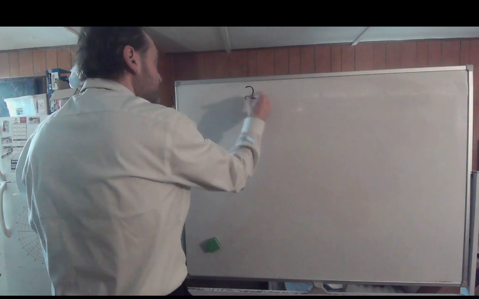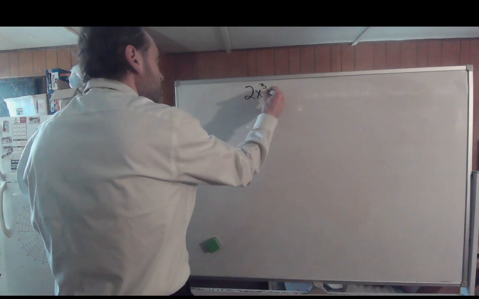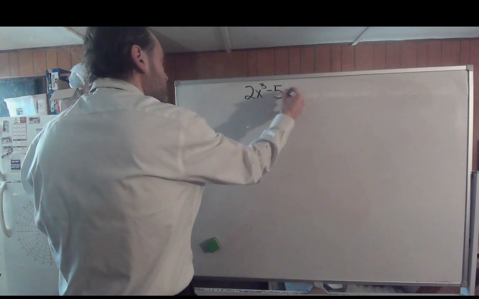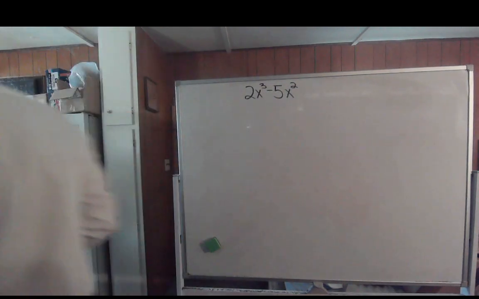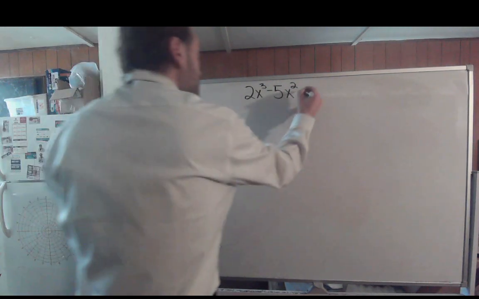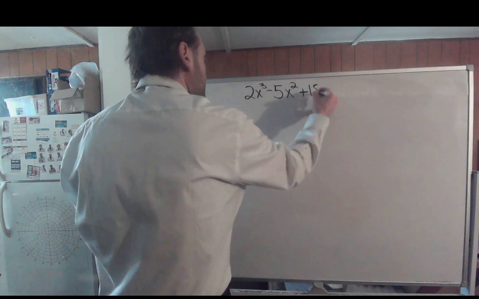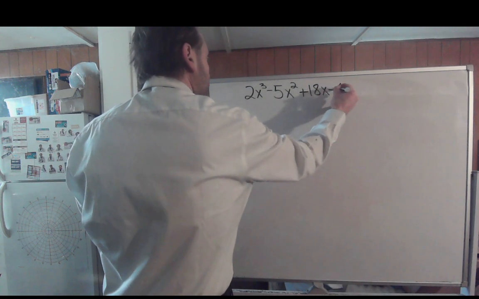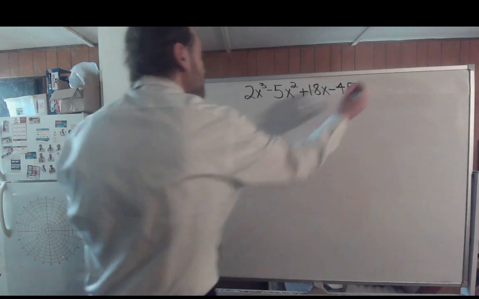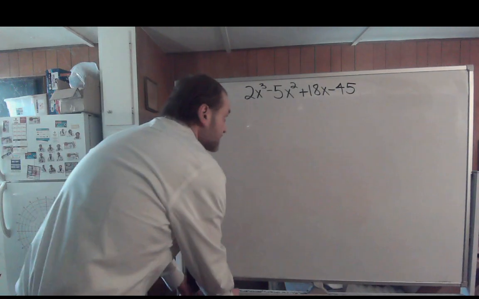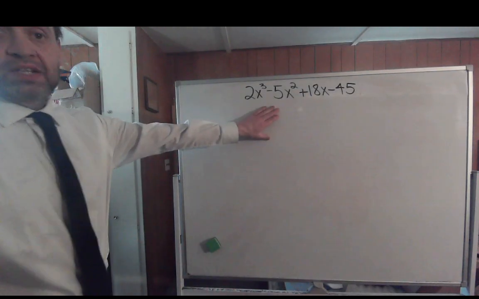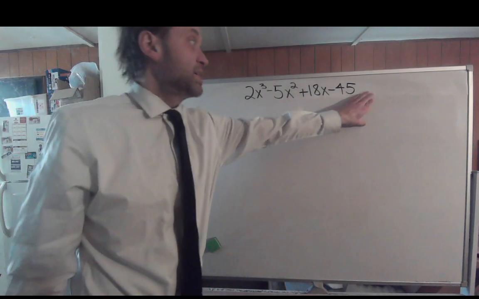All right, so we have 2x to the third minus 5x squared plus 18x minus 45. So we got 2x to the third minus 5x squared plus 18x minus 45.